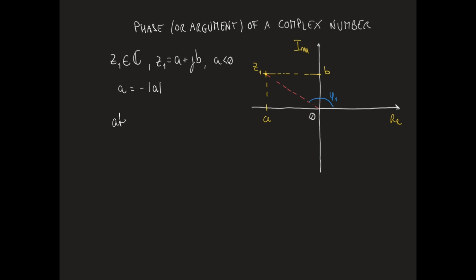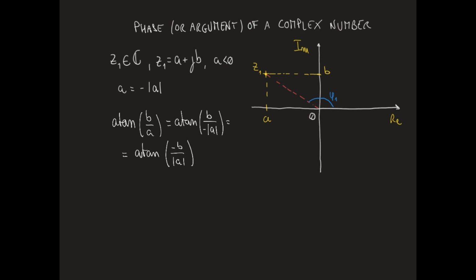So the inverse tangent of b over a is equal to the inverse tangent of b over minus the absolute value of a, or the inverse tangent of minus b over the absolute value of a.